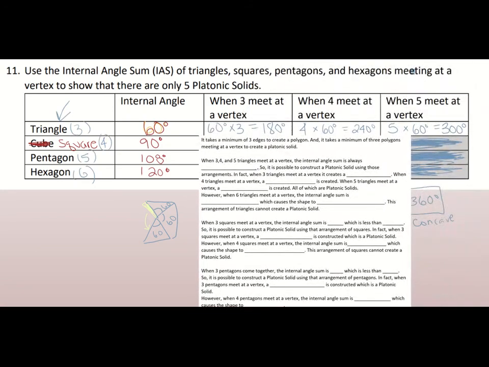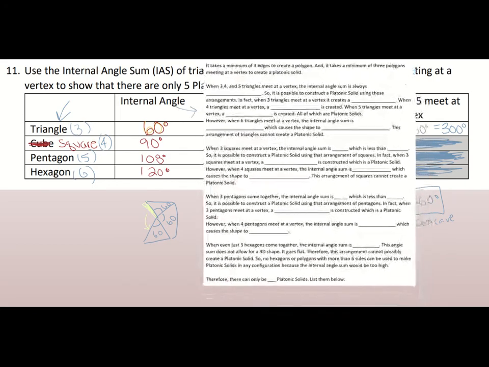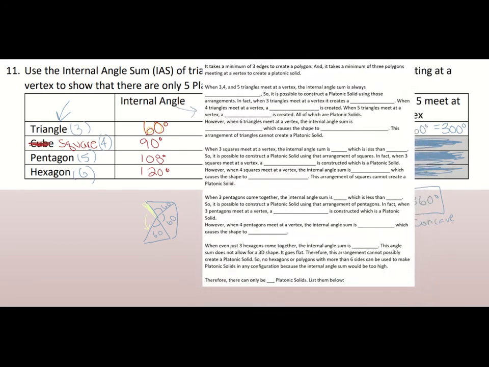First we looked at when 3 triangles meet, then 4 triangles meet, then 5 triangles meet. We are going to go through that same exhaustive process for all of these shapes. This is the expanded version of the table that you see here. Some version of this proof needs to be on your test.